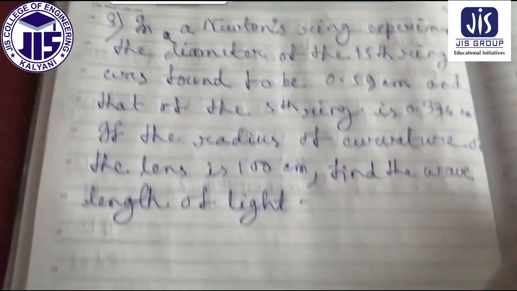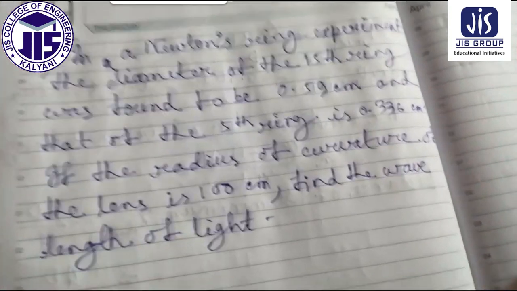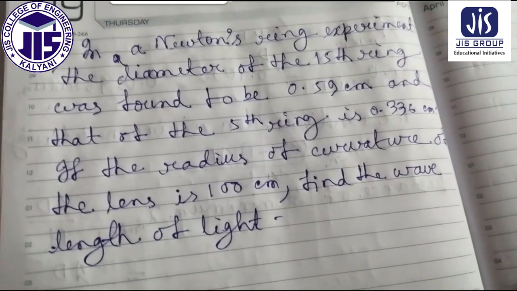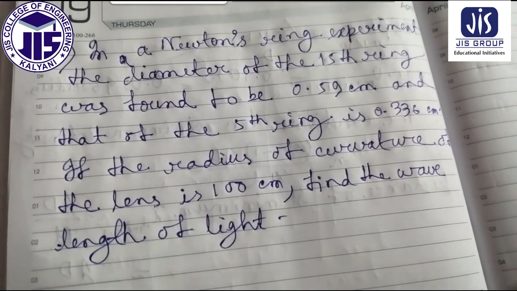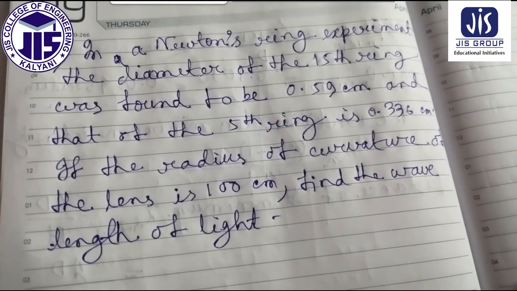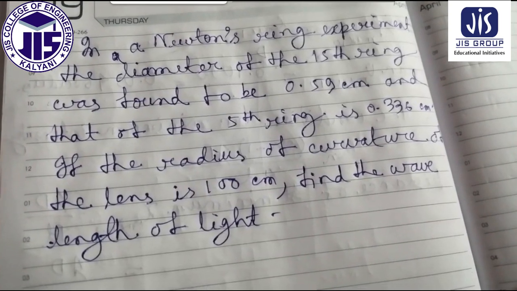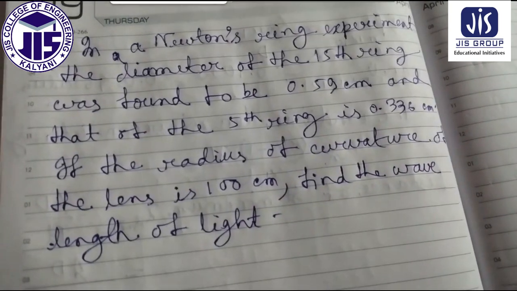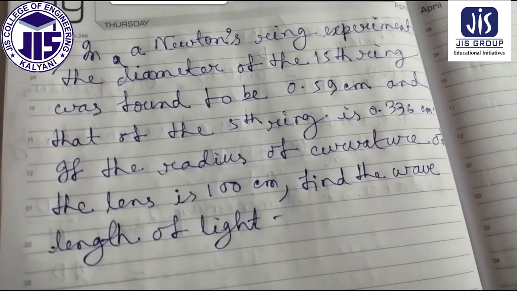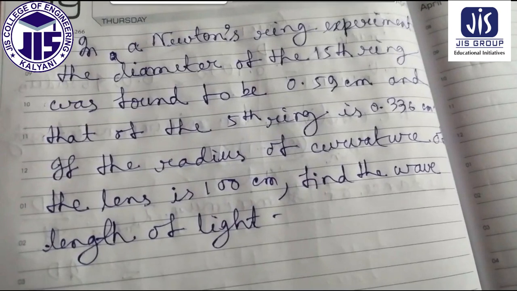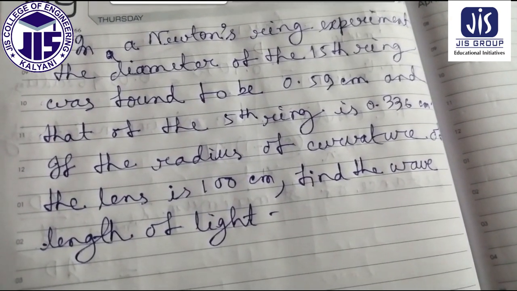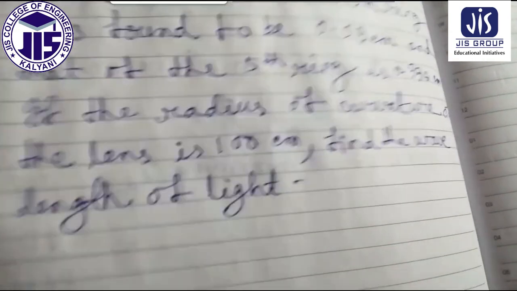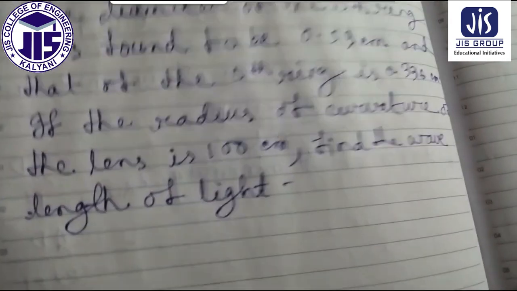So this is the numerical. First go through it. In a Newton's ring experiment, the diameter of the 15th ring was found to be 0.59 centimeter, and that of the fifth ring is 0.336 centimeter. If the radius of curvature of the lens is 100 centimeter, find the wavelength of the light.